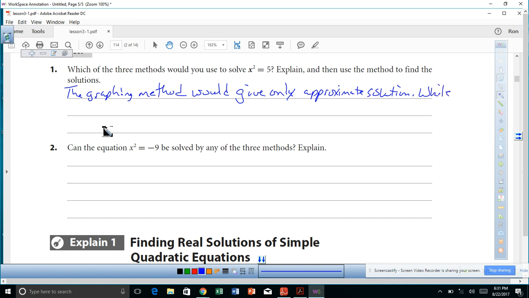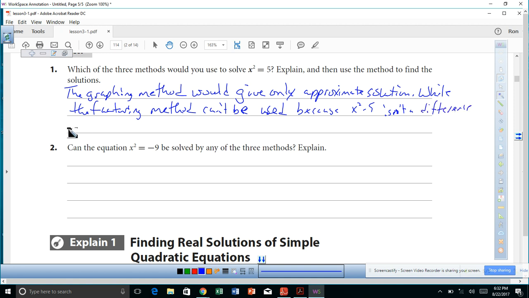The factoring method can't be used because x squared minus 5 cannot be factored, or isn't a difference of squares.